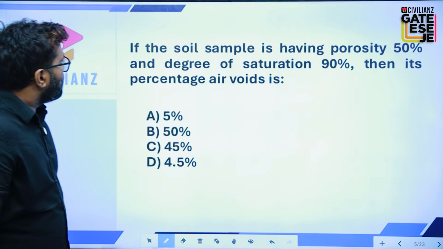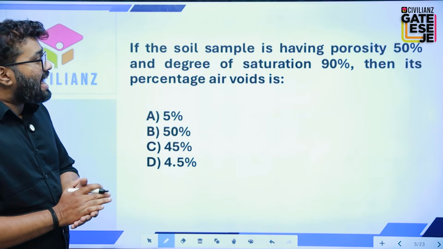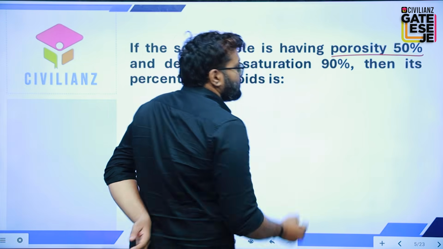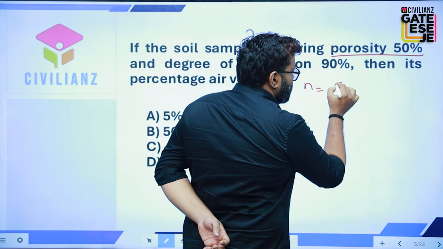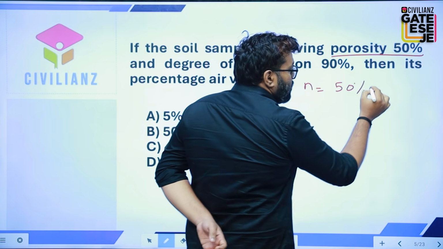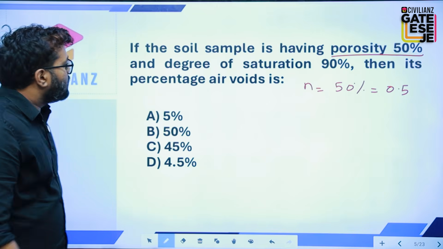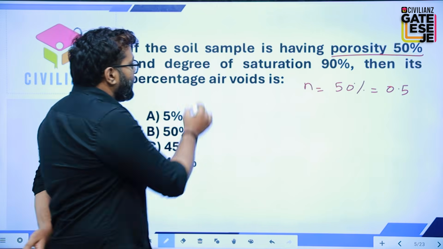Next question. If the soil sample is having a porosity of 50%, so given porosity n is equal to 50% or 0.5. The degree of saturation is 90%.